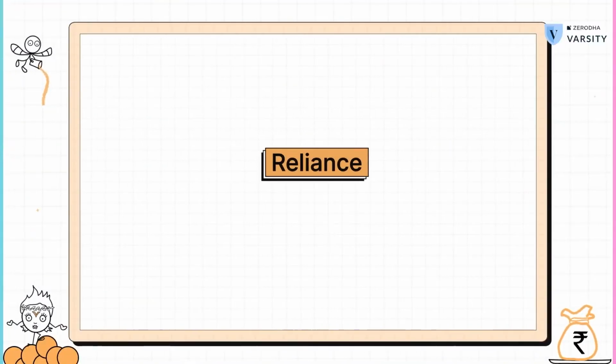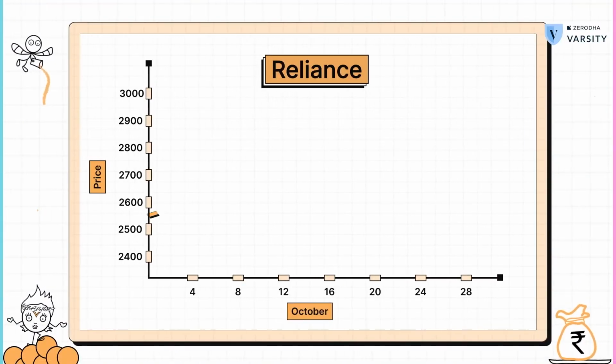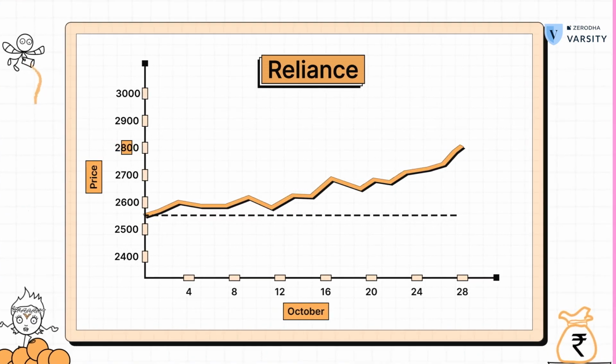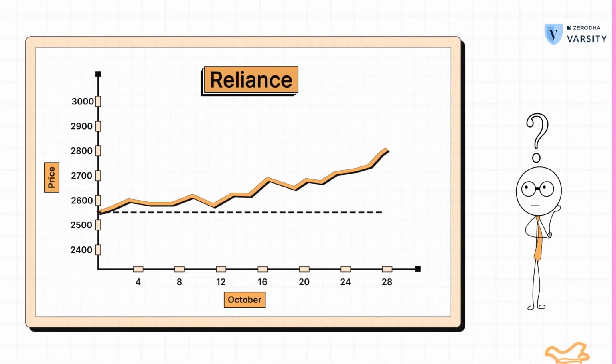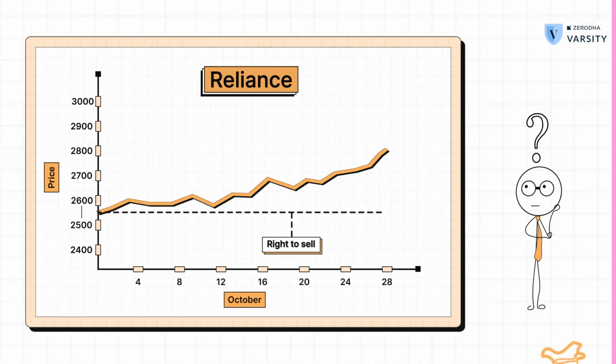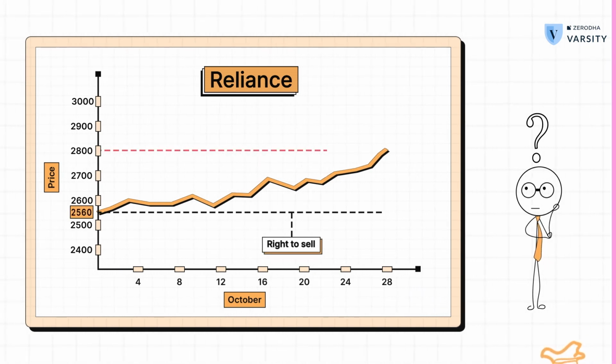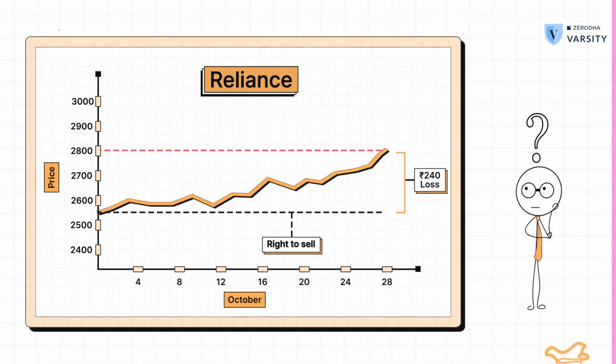Let's look at the second scenario now. Assume that the stock price of Reliance actually increases to maybe about 2,800 on the expiry day. What do you think I as a put option buyer will do here? Do you think it makes sense for me to exercise my right to sell Reliance at 2,560 when in the open market I can actually sell it at 2,800? Clearly, it doesn't make any sense.